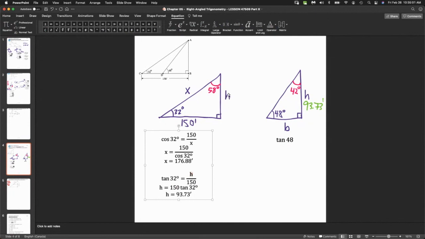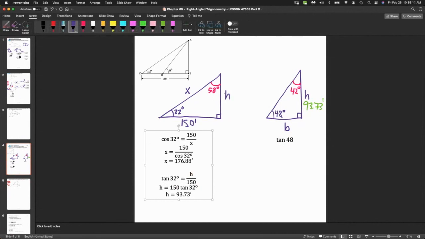This letter h, people, if you're getting confused, this is not h. That's the height. If you want, let's make our life a little bit easier here and call that y. I'm just going to rename the letter y, okay? It's all good, people. There we go.